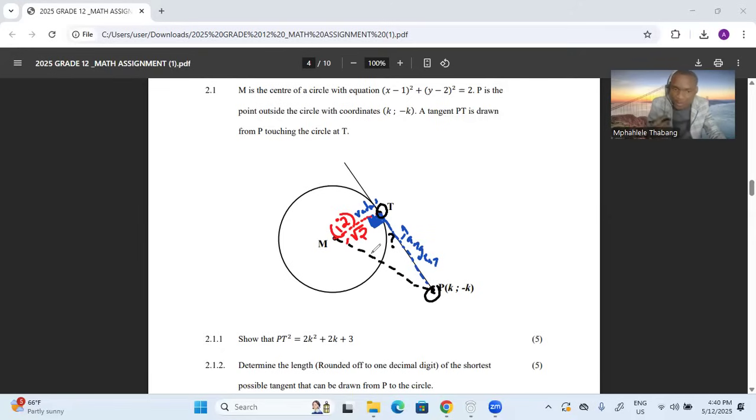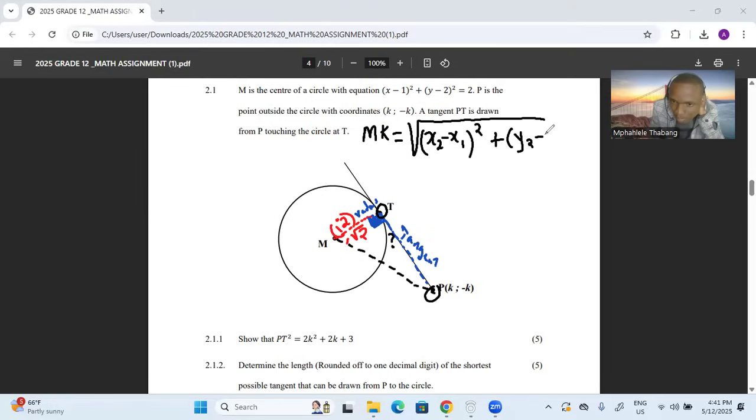But I have the coordinates of M, which is 1 and 2. That is the central point. And I have the coordinates of P, which is K and negative K. So I'm going to find the distance of MP using the distance formula: the square root of x2 minus x1 squared plus y2 minus y1 squared.